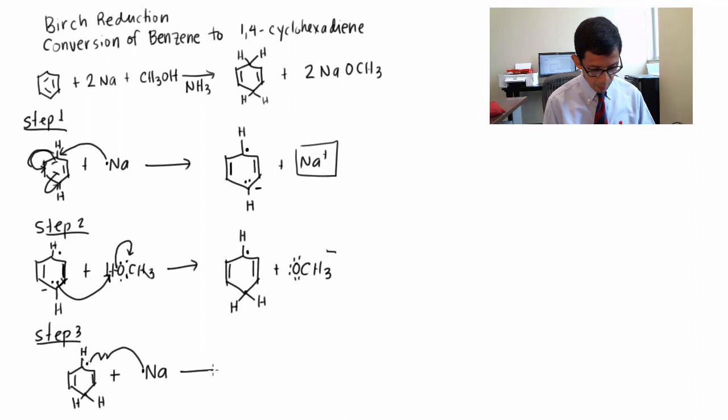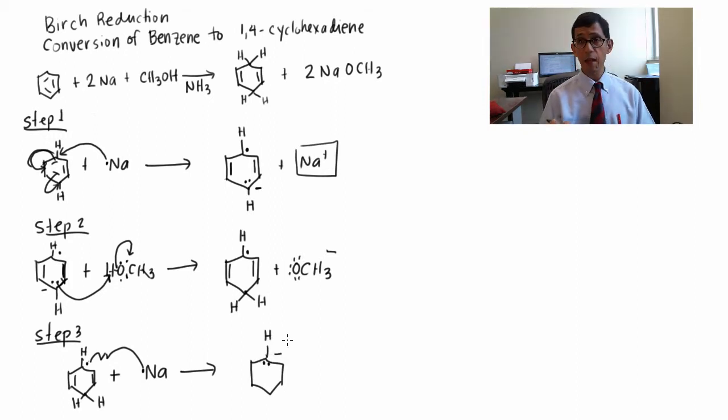So now you have a lone pair of electrons at that carbon. Still have an H. Now you have 2 electrons there. Now you have a negative charge at that carbon. And you do have 2 H's there.